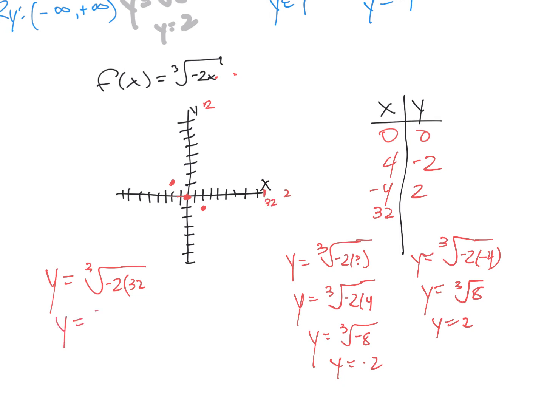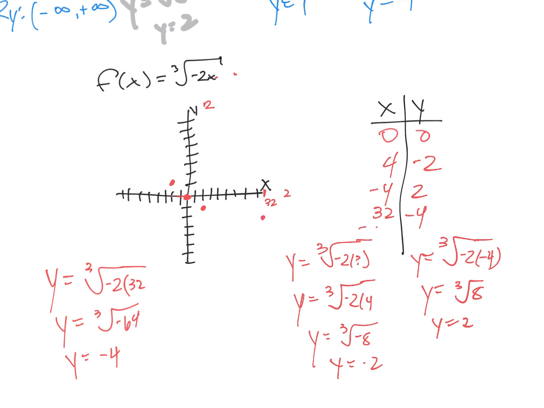And we have y equals the cube root of -2 times 32, and we get -64, right? And so when it's 32, y equals the cube root of -64, which is -4. So when it's 32, we go down and we have a -4.